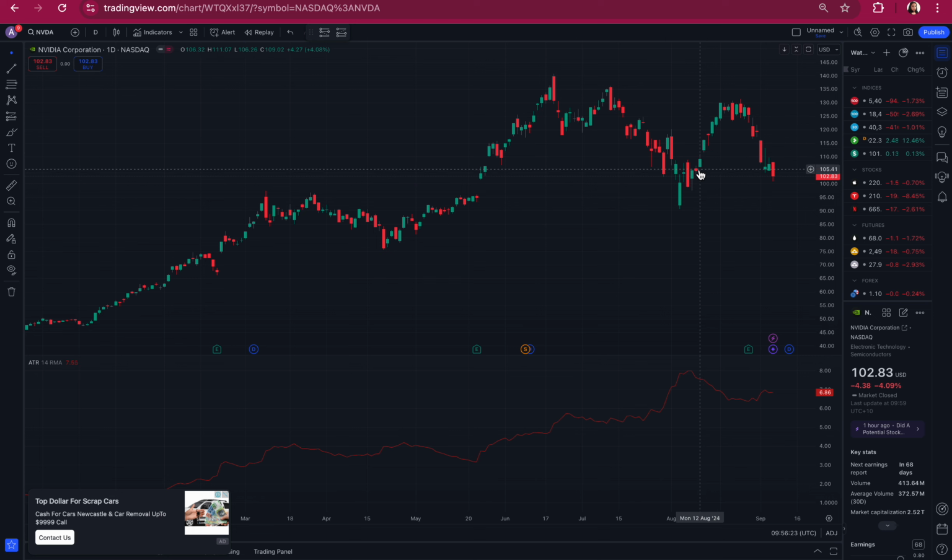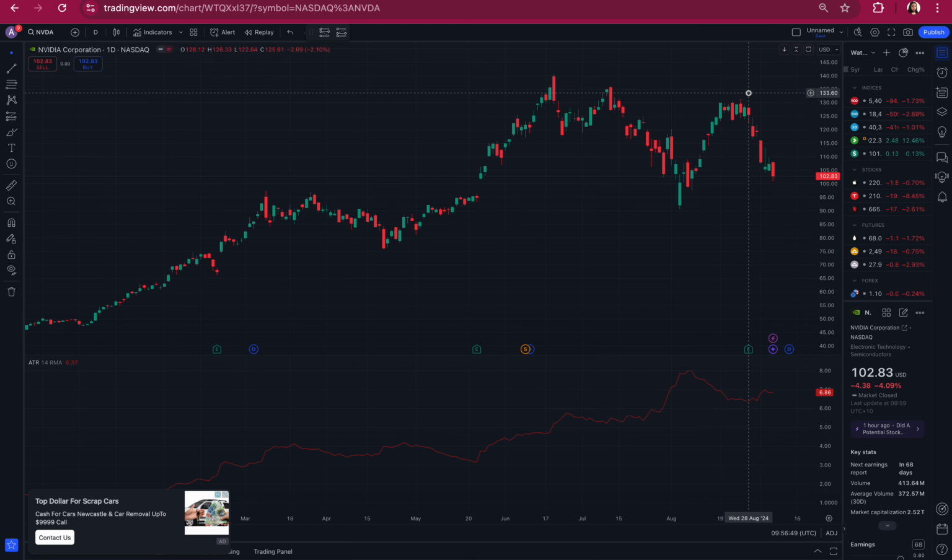So as it goes, let's say $2, $4, $1. So if it is $2 and it's gone up to $4, the difference between those two is $2.